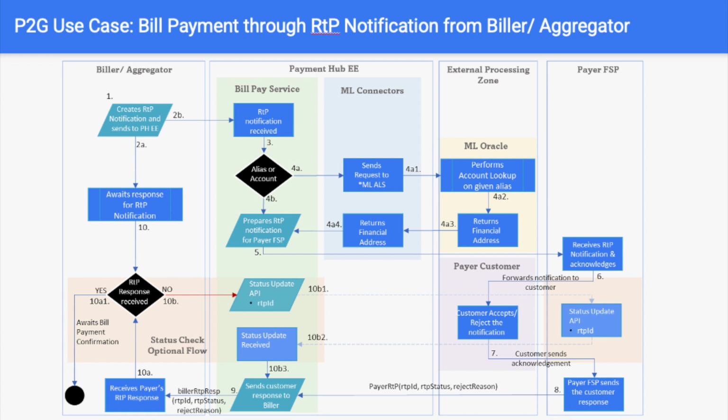So there is provision that if the RTP notification response is not received, a status check could be done as and when required by the biller aggregator or by the payment hub itself if it so requires.